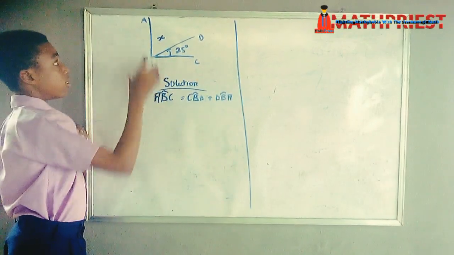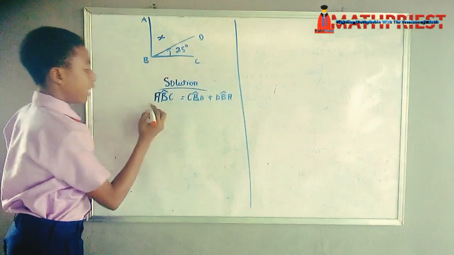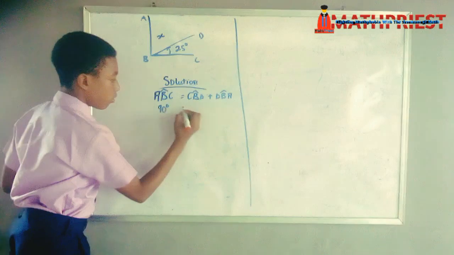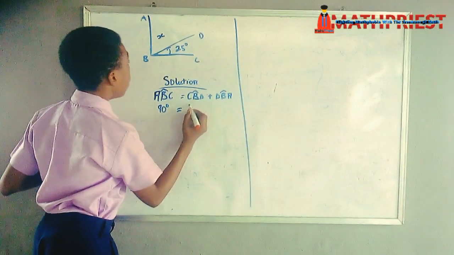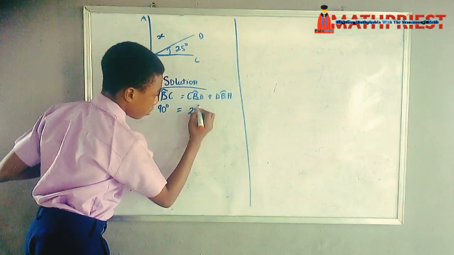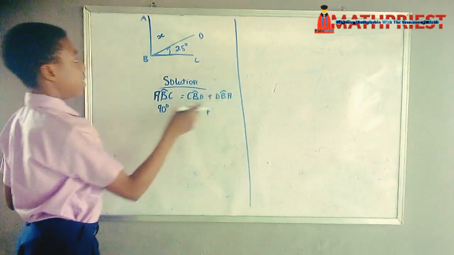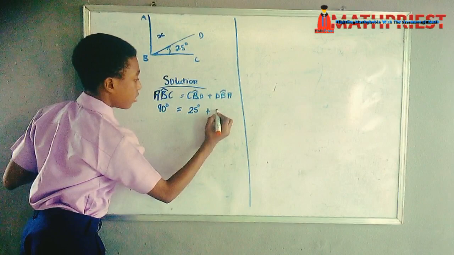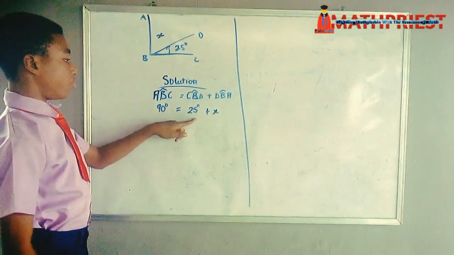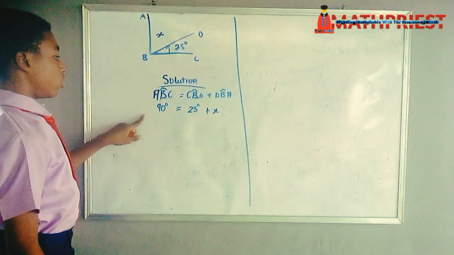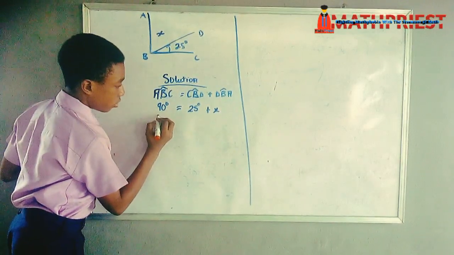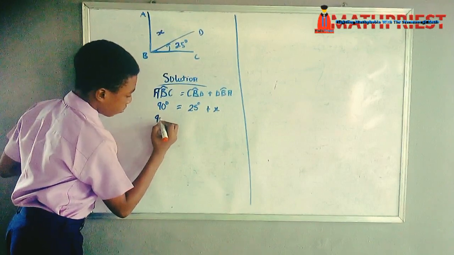So I say that ABC equals 90, equals CBD is 25 plus DBA, we don't know. So we move this 25 degrees to this 90 degrees, that makes it minus 25.